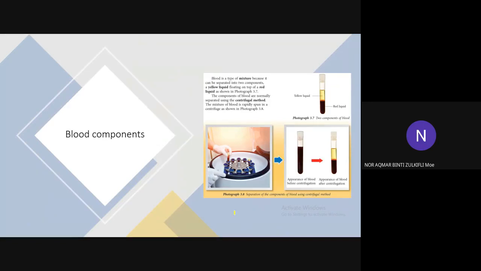Okay, next, blood components. Blood is a type of mixture because it can be separated into two components. Okay, actually you have a yellow liquid and a red liquid. We use the method that we call the centrifugal method here. This is the appearance of your common blood.